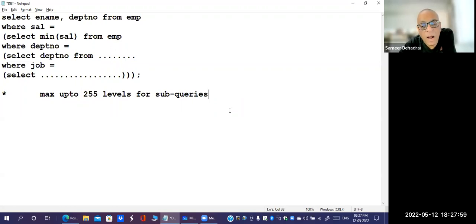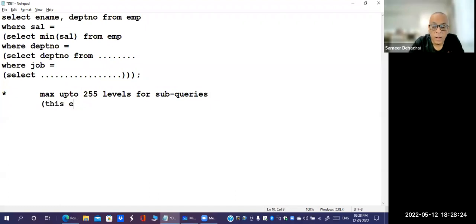Writing subqueries up to 5 levels, 10 levels is a routine thing. Sometimes you need to go beyond 255 levels, and if you want to go beyond 255 levels, this limit can be exceeded with the help of views.